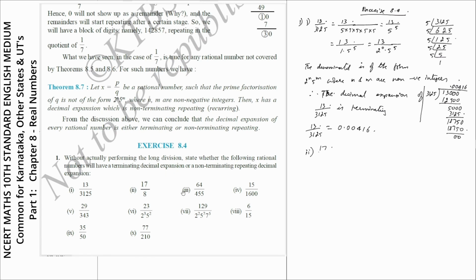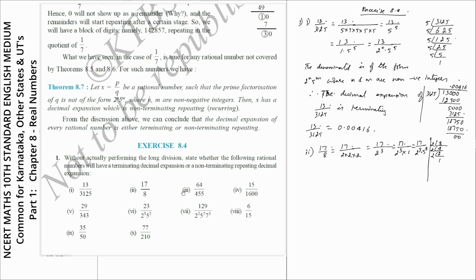The second sub question is 17 by 8. 17 cannot be factorized, it's a prime number. So 8 I can factorize. 2 4s are 8, 2 2s are 4, 2 1s are 2. So 2 into 2 into 2. So this is equal to 17 by 2 power of 3. So this I can write as 17 by 2 power of 3 into 1. Again this I can write as 17 by 2 power of 3 into 5 power of 0. 5 power of 0 is 1.